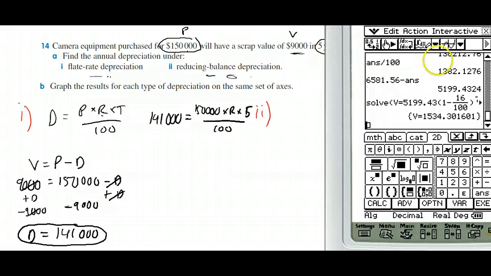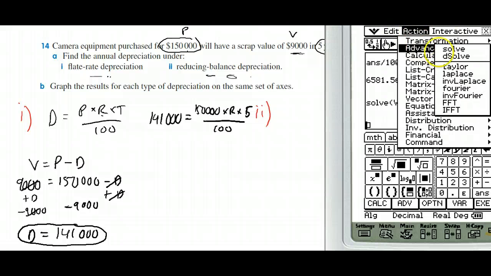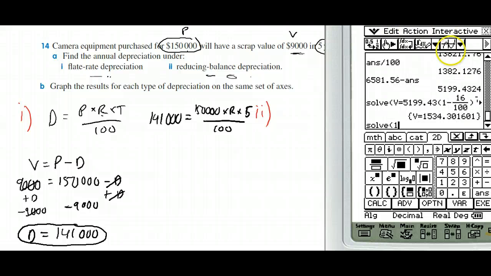So we're going to have to use the solve function here because we don't have a nicely set out equation. We're going to have to solve it. Equals 150,000 times R times 5. And we've got to put all of that over 100. Okay, now we could have done it using the fraction button here.